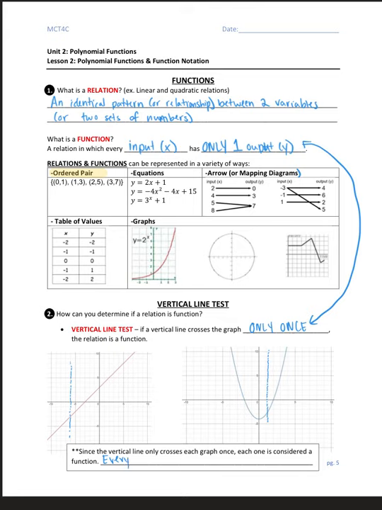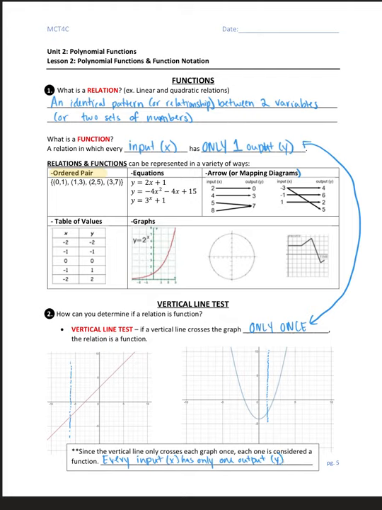Every input, or x value, has only one output, or y value.